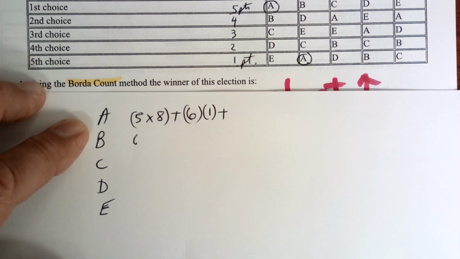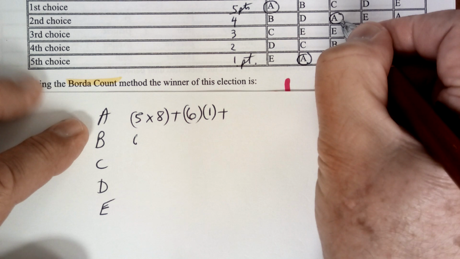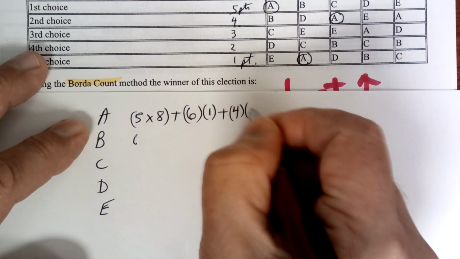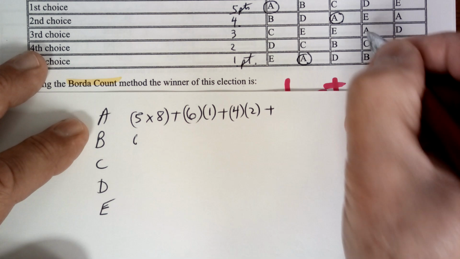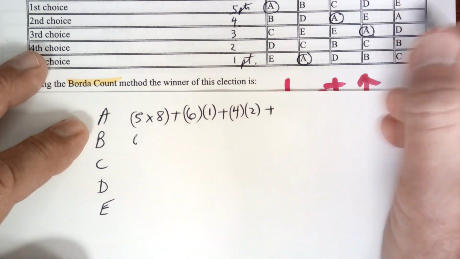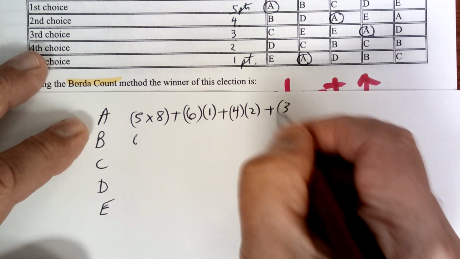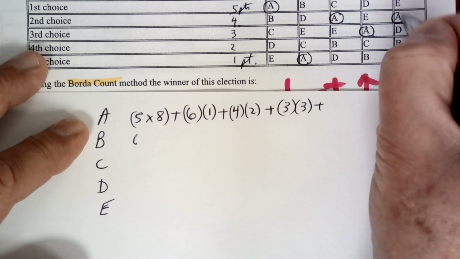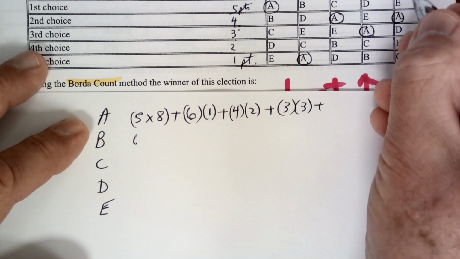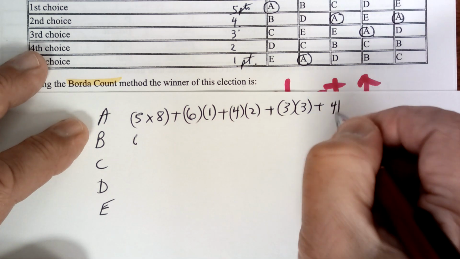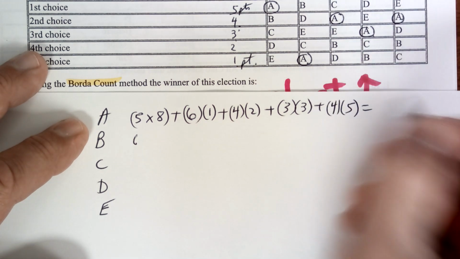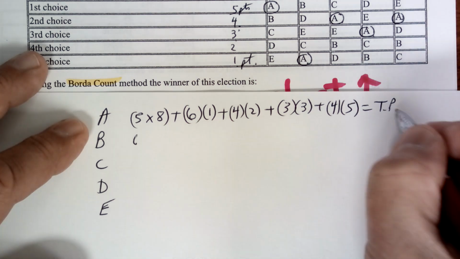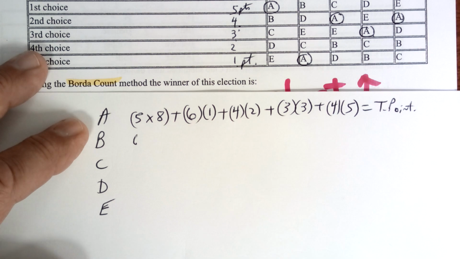Here's another A. That's 4 times 2. Here's another A. That's 3 points, so that's 3 times 3. And then here's another A. That's 4 points, 4 times 5. So that gives you the total points. And of course, you'd have to multiply that out.